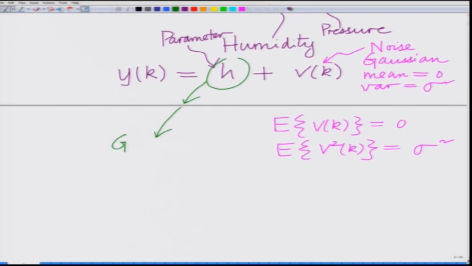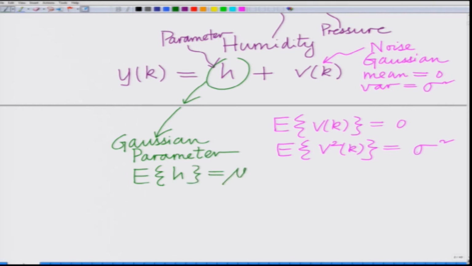So h is a Gaussian parameter, everything is Gaussian, with expected value of h equal to mu h, and expected value of (h minus mu h) square equal to sigma h square.